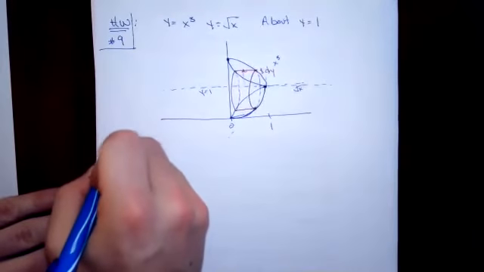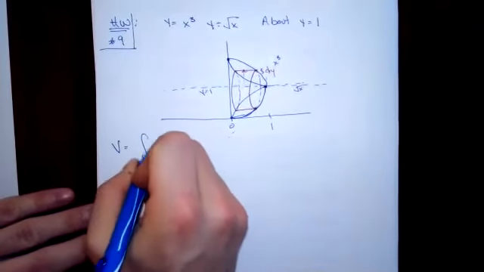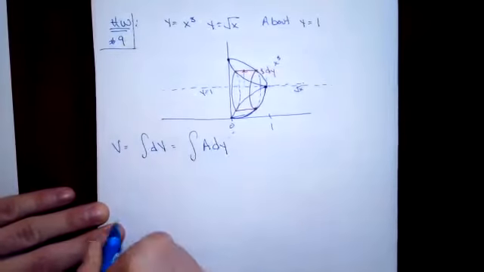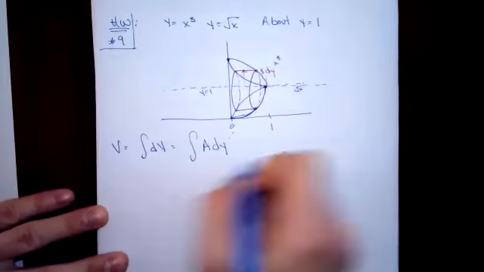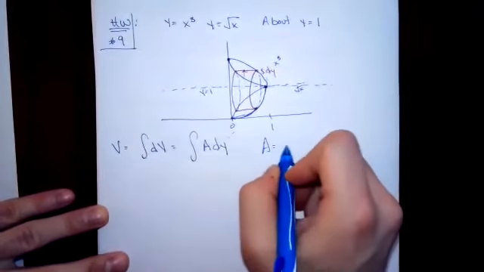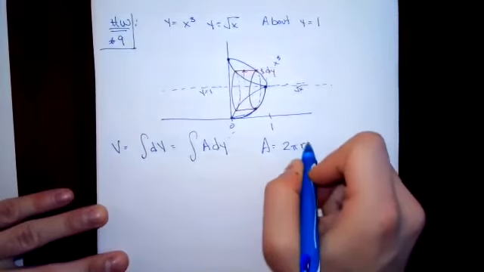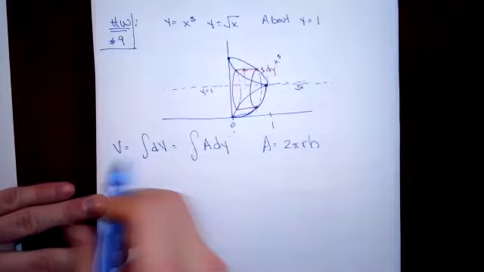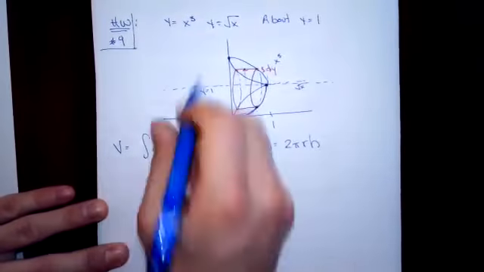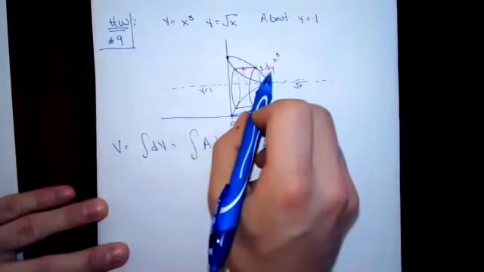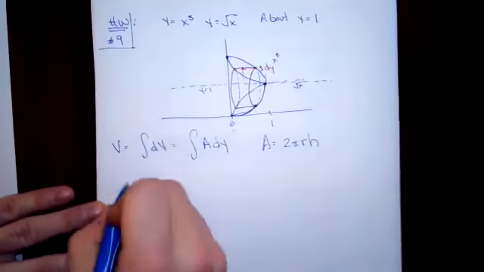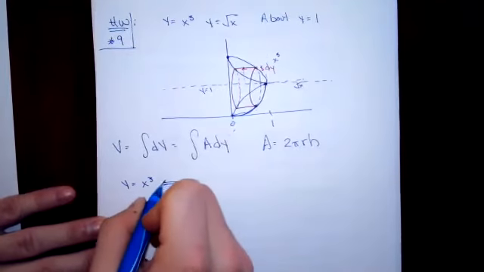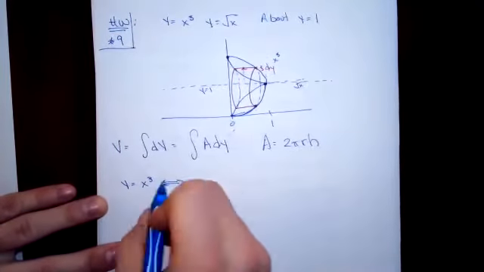So our integral, it's our typical setup, a dy now, and our area is once again 2 pi rh. And so we need to figure out our r and h. Let's do r first. Since we have things in dy, let's solve for x in terms of y.